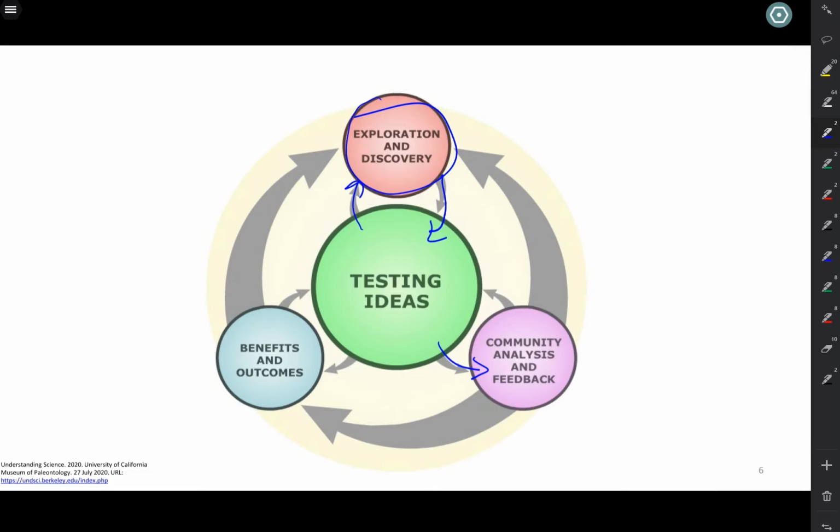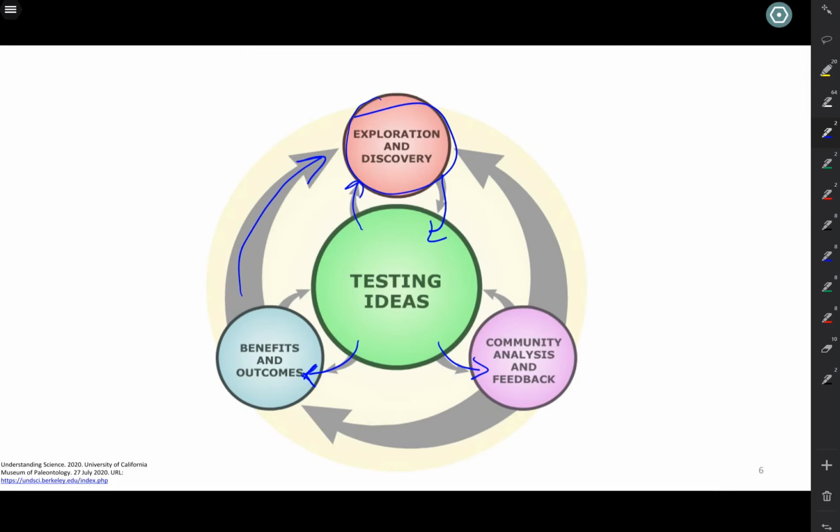Okay, or maybe this testing of ideas phase actually led us to developing some sort of new technology, and we need to analyze the benefits and outcomes of that technology. Okay, so there are so many different pathways, and you can see here that all these pathways then lead right back to that exploration and discovery phase, and we can go through this over and over and over.